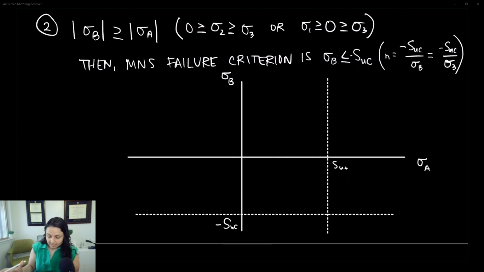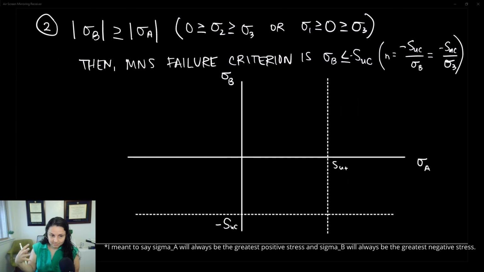And as we did in our ductile failure video, we're going to flip this over the line that is y equal to x. In other words, we're going to flip what we've done over a symmetry line where sigma A is equal to sigma B. So all we're doing here basically is we're saying that in our nomenclature, we're assuming that sigma A will always be sigma 1 and sigma B will always be sigma 3, but of course that's just nomenclature.